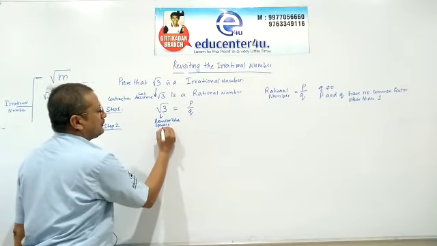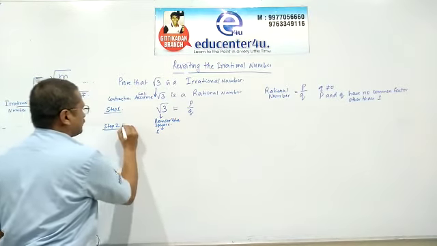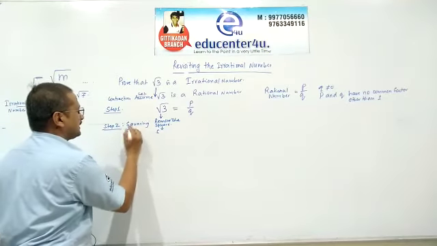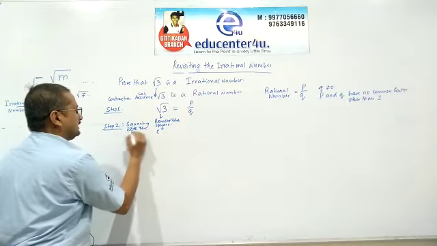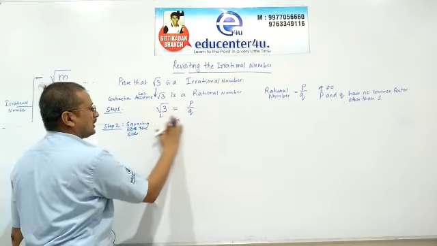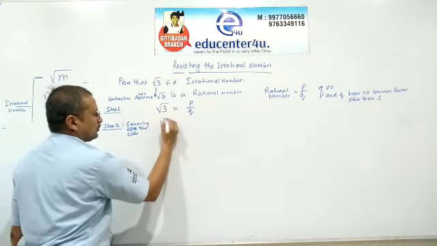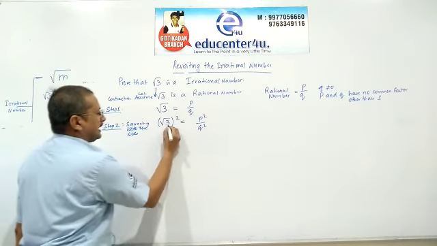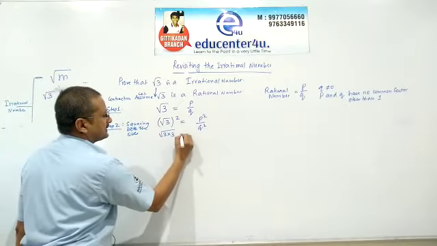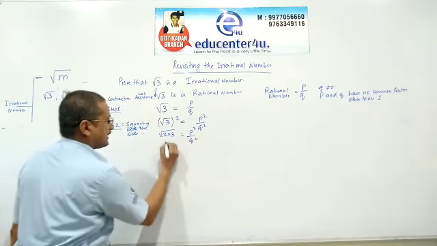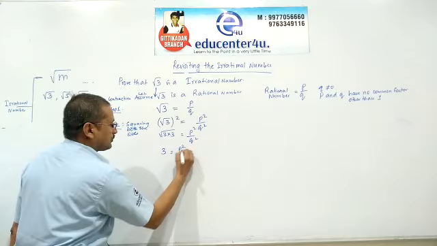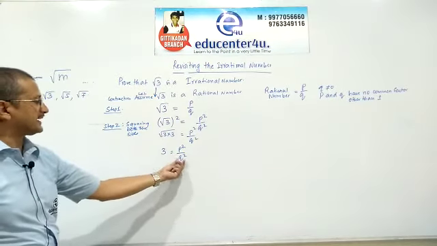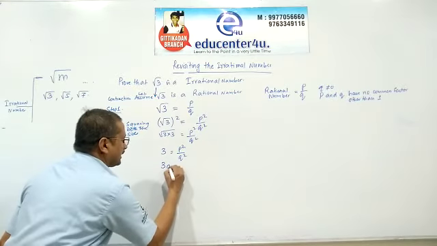If we square both sides, root 3 whole square is equal to p square by q square. When the same number is multiplied twice, 3 will come out, so 3 equals p square by q square. If we transpose this q square from the right hand side to the left, we get 3q square equals p square.